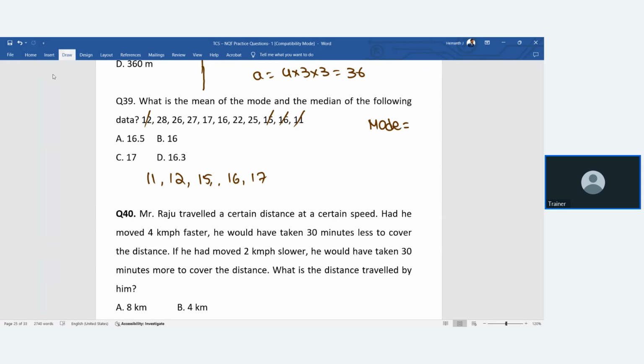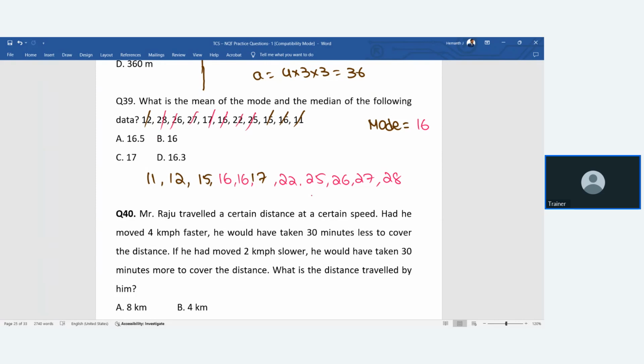So mode is equal to 16. 16 came 2 times. Then 16, 16, 17, then 22, 25, 26, 27, 28. Only the mode is repeated twice. Other than that, nothing is repeated.